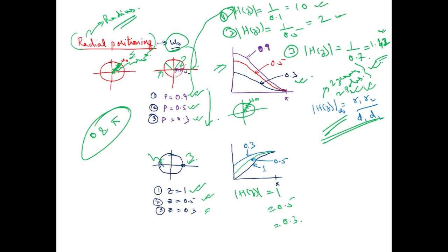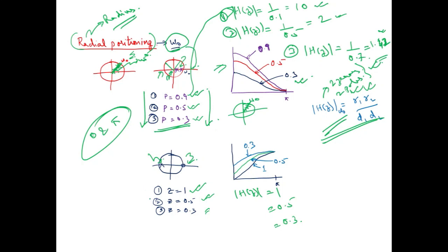As we move towards the origin of the z plane, as in case 3, where p is equal to 0.3, the frequency response or the amplitude values are decreasing. So as the distance increases, the amplitude decreases.